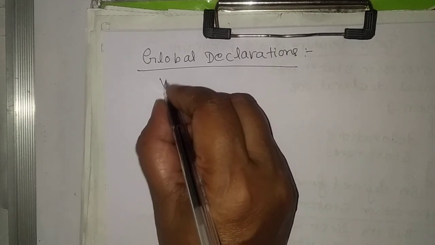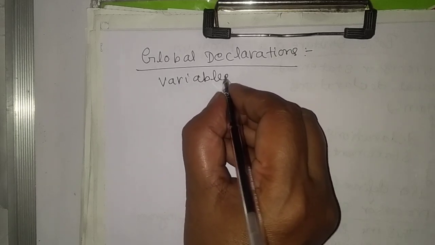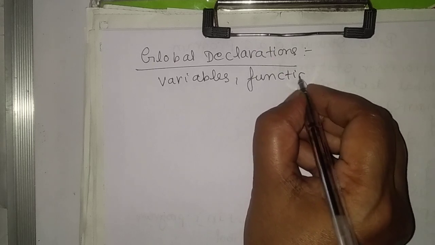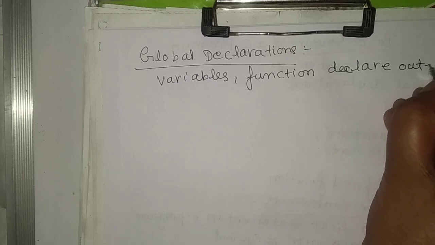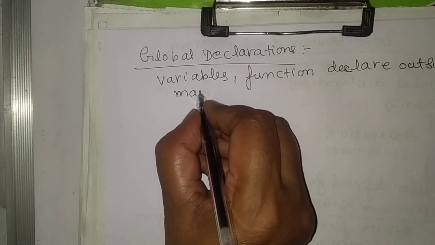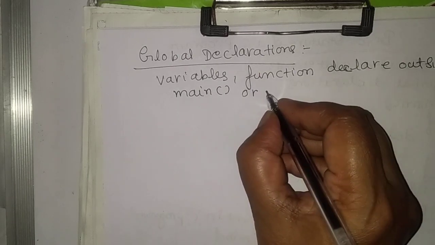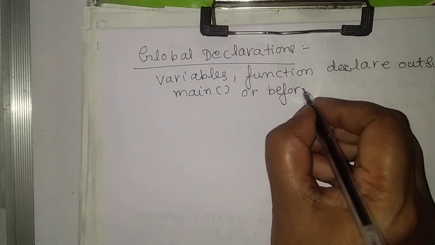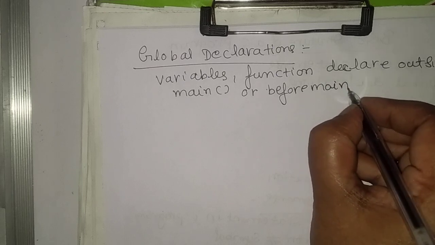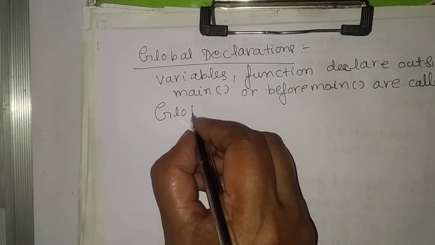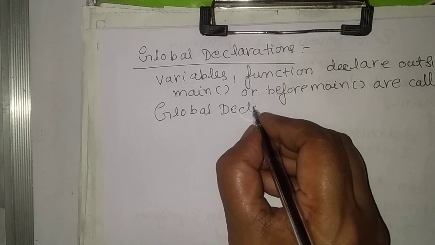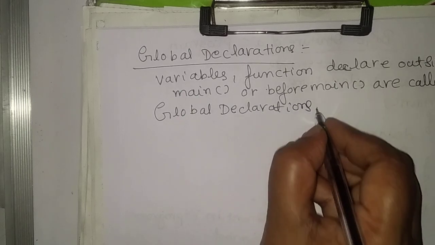Global declarations: variables and functions declared outside the main function, or before main, are called global declarations.